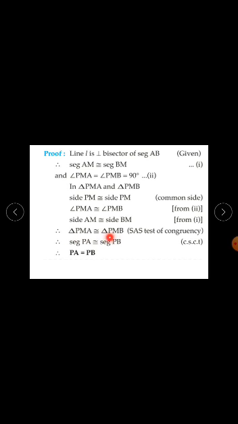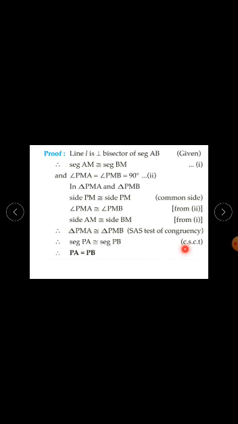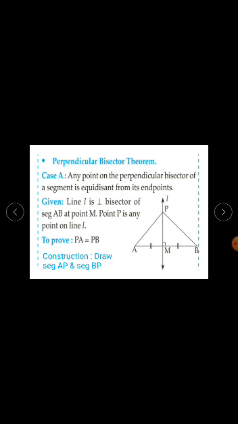Therefore, segment PA is congruent to segment PB, and the reason is CSCT, corresponding sides of congruent triangles. When segments are congruent, their lengths are equal. Therefore, PA is equal to PB.